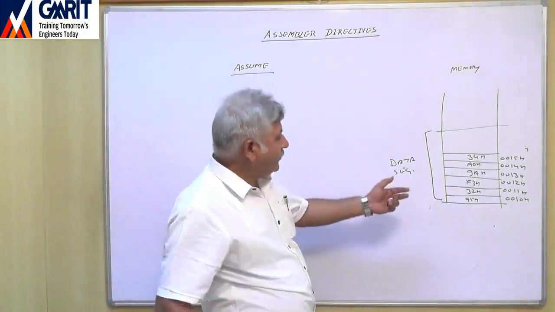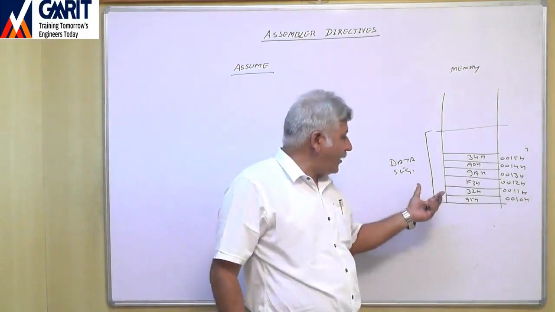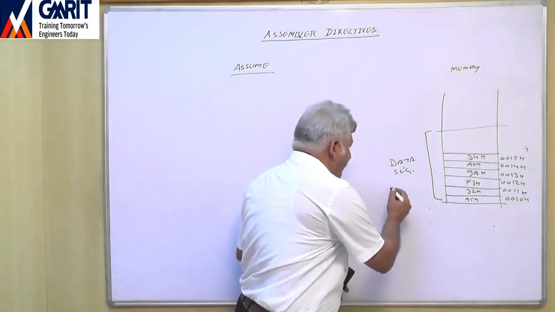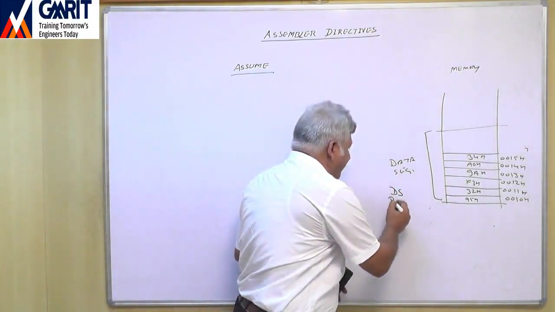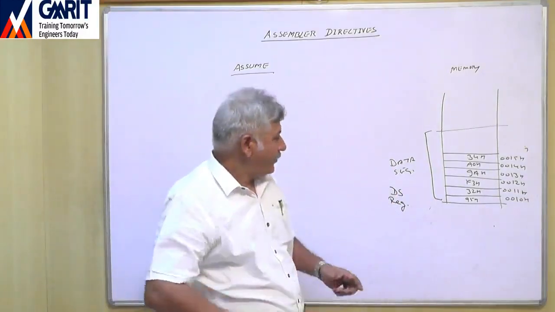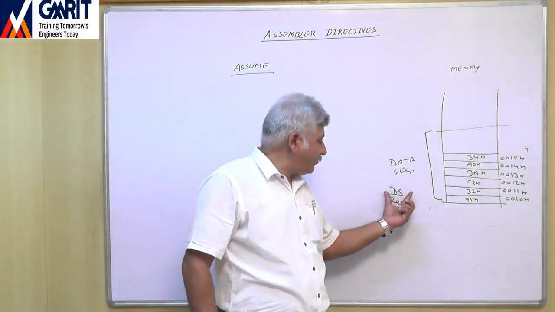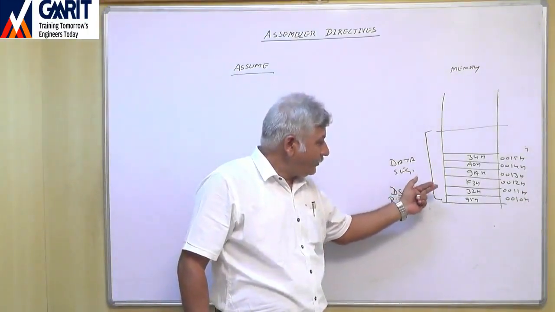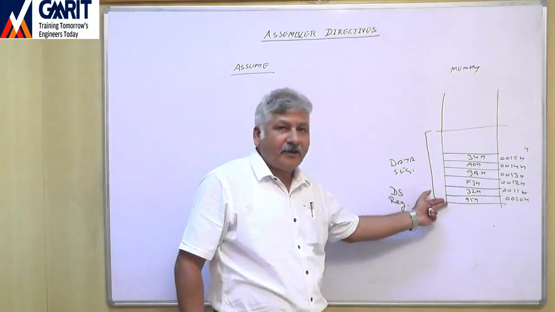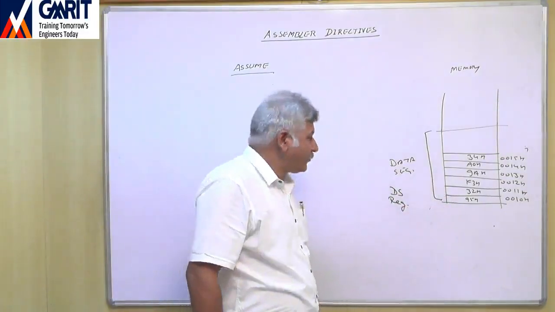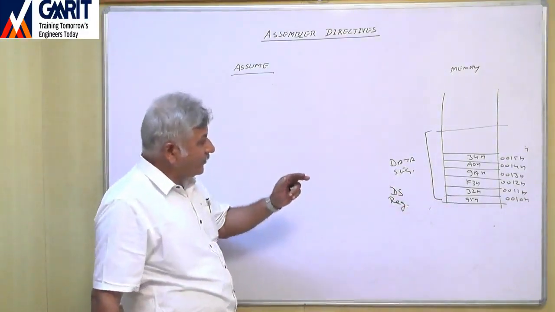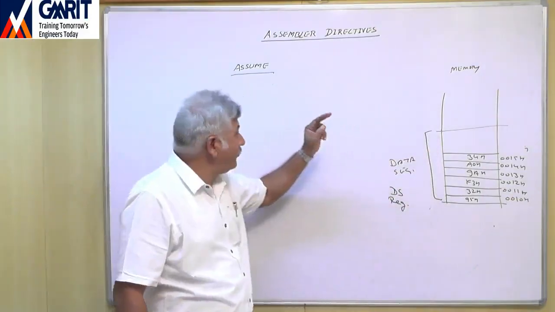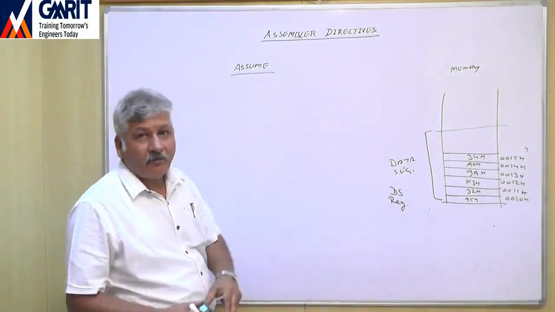We must assign some address in the data segment register. We must store some 16-bit address in the data segment register. Then only the starting location of my data segment will be initialized. So to initialize our data segment, we have to use the assume directive.